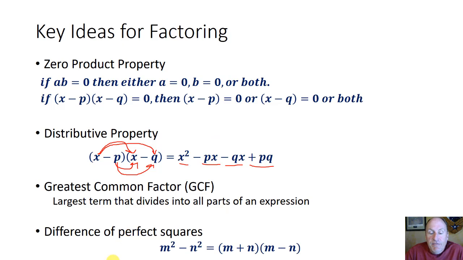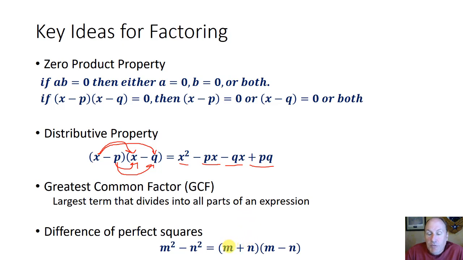For example, if I have something that's m squared minus n squared, using this idea of the distributive property, that can be factored into something that's m plus n times m minus n. This is the only case where the middle terms, this minus px and minus qx part, cancel out.